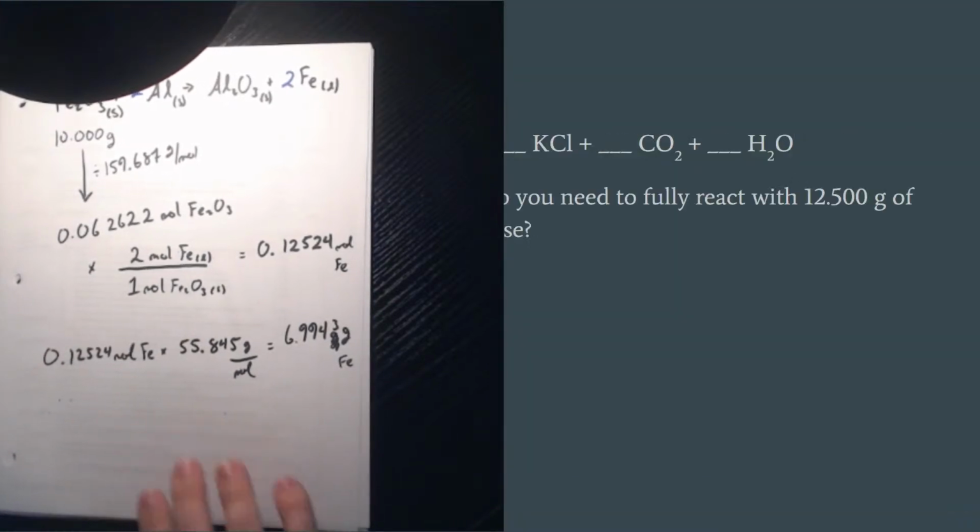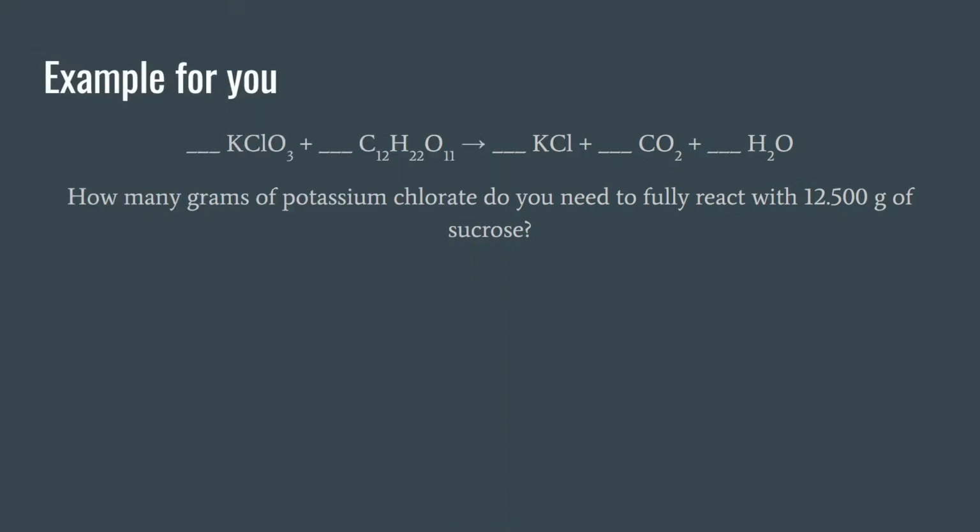Now here's an example for you to work through. So go ahead and pause the video and balance this equation, and then do the stoichiometry problem. How many grams of potassium chlorate will you need to fully react with 12.5 grams of sucrose? Did you pause it? I don't think you paused it.